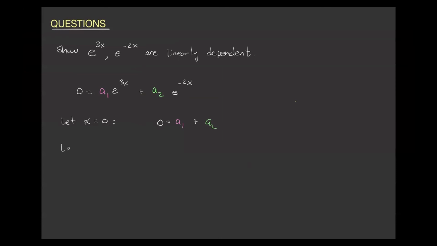Then from there, we'll let x be equal to 1, let's say. Substituting that in, we get 0 is equal to A1 e to the 3, and then plus A2 e to the negative 2.